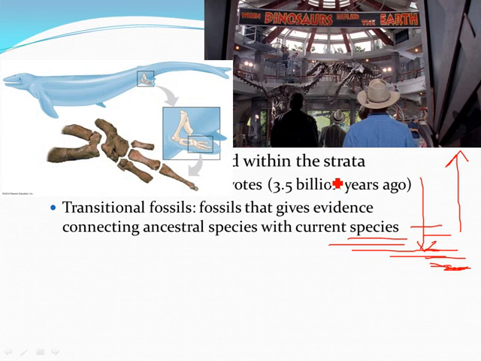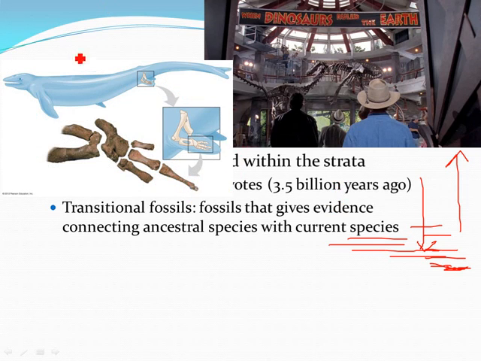And other things, like transitional fossils, help give evidence to evolution as well. A transitional fossil like this ancient whale shown here is fossil evidence that shows some ancestral species that we can relate to the current species.